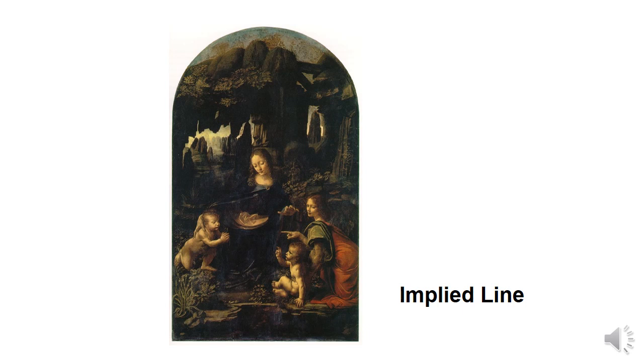Another type of line that we have at our disposal is called implied lines. Sometimes implied lines are psychological lines that we follow because we're interested in where people are looking. So this is a work of art by Leonardo da Vinci called the Madonna of the Rocks, and he creates implied lines because of the way people are pointing or the way they're looking.